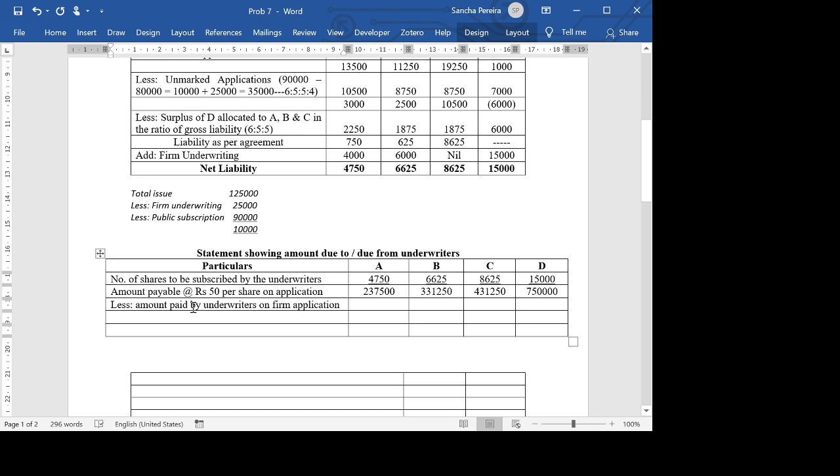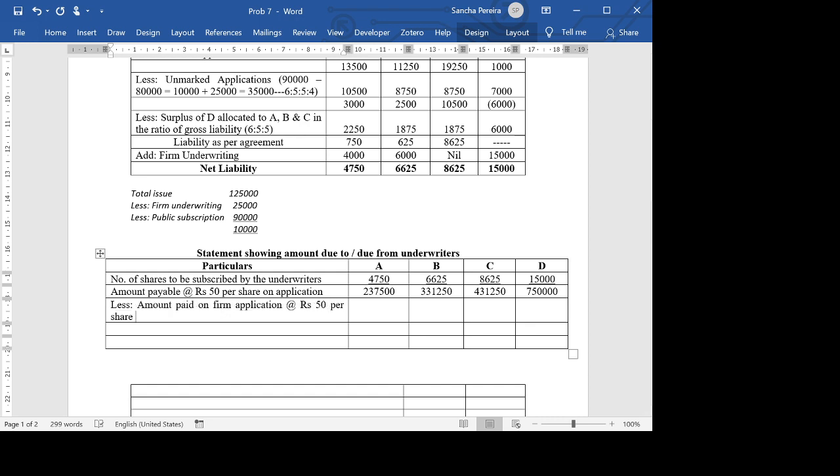You need to say amount paid on firm application. It's understood by underwriters because nobody else takes up that. On firm application at the rate of rupees 50 per share. So basically what I have to do is take 50 and multiply by each one's firm underwriting, because for these shares they've already paid in advance. How do I know they're already paid?